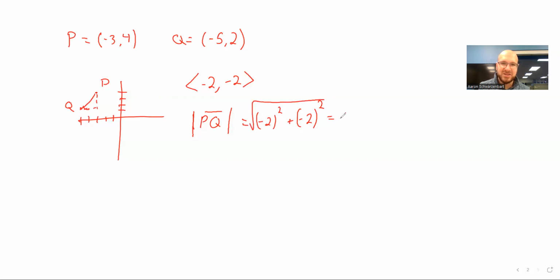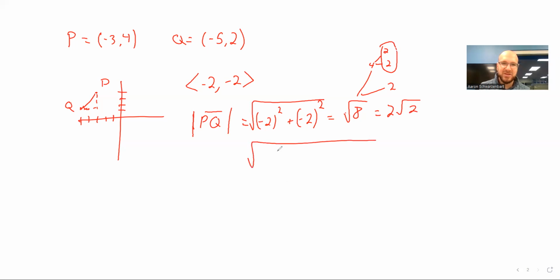I'm doing essentially the Pythagorean theorem. But magnitude of PQ, not magnitude of PQ squared. You got to watch out for that. So the square root of 8, which I can reduce, factors of 4 and 2, 2 and 2, and my pair of 2's can get pulled out.